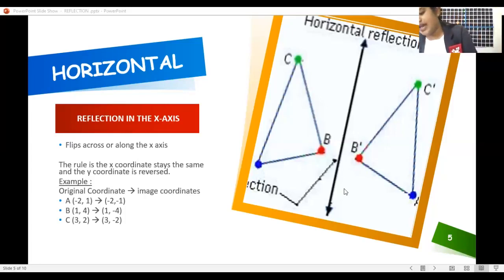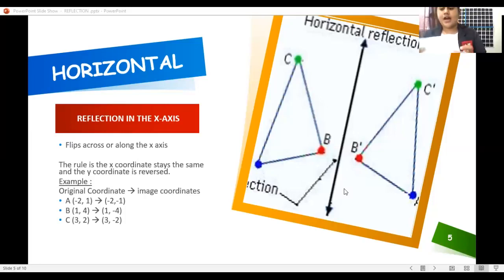What did you get, Mary, when you punched it? You get the image 1, -4. All right, let us see if that's true. The rule is that the y coordinate changes from a positive to a negative. So B is 1, 4, and our image coordinate will be 1, -4. So yes, you are correct.